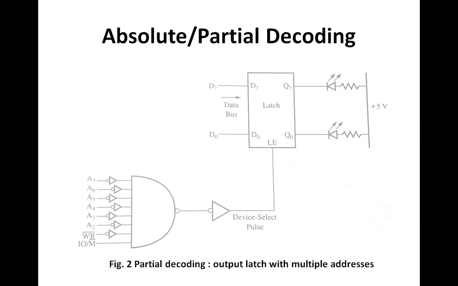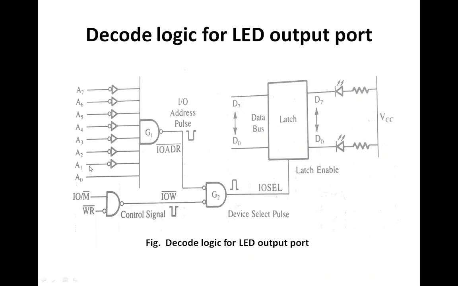In the case of absolute decoding, all the address lines, suppose we are using 8 address lines, all these 8 address lines are decoded to generate one unique output pulse. For example, this one. We are using all these 8 address lines to generate a unique input output pulse.